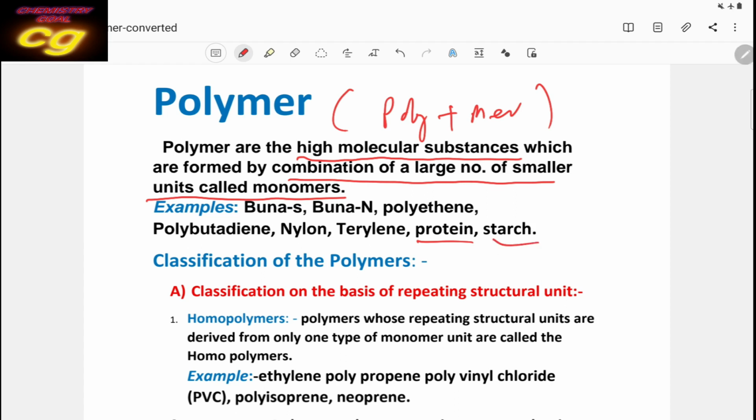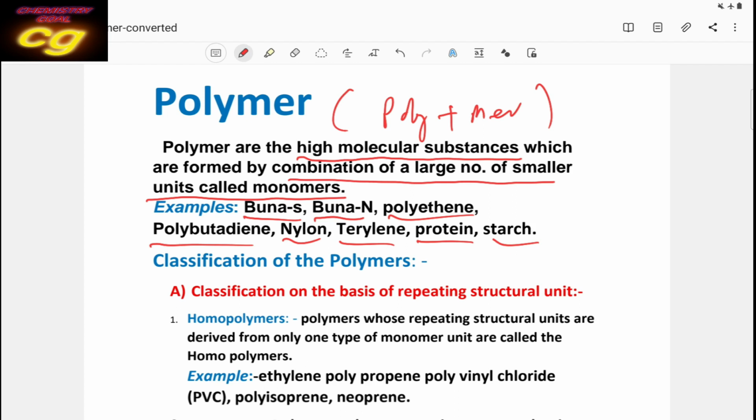Starch is made of glucose. Terylene is one polymer. Nylon fiber, terylene fiber, then polybutadiene, similarly Buna-S, Buna-N, polythene. These are examples of polymers produced from smaller monomer units.